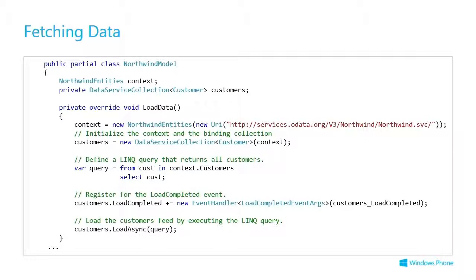So in order to pull down, for example, the customers, you would new up a DataServiceCollection of Customer, passing the context into the constructor, and then you can just do LINQ queries against the context. The context has properties on it for all of the top-level collections. For a Northwind database, you'll have customers, suppliers, products. You can do LINQ queries against it, and then call the LoadAsync method. This is LINQ to URI. It actually figures out the relevant URI, the HTTP GET it needs to make to pull the relevant data down.